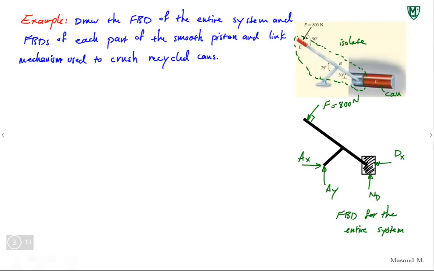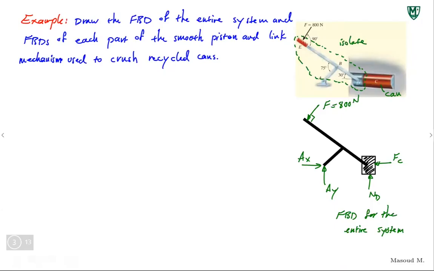Maybe I should have called this something else. I should have called this FC, maybe it's less confusing. It's the force from the can. And ND is the reaction from the surface, the smooth contact. The piston is part of the whole structure right now.